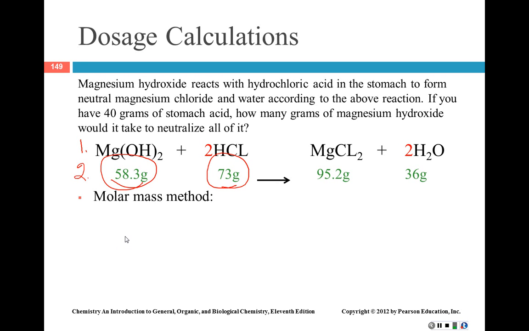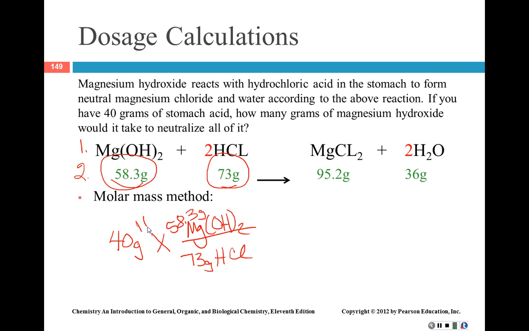I have hydrochloric acid. So I'm going to multiply my quantity first. My quantity is 40 grams, times what I desire, which is magnesium hydroxide, 58.3, divided by what I have, which is 73 grams of HCl.